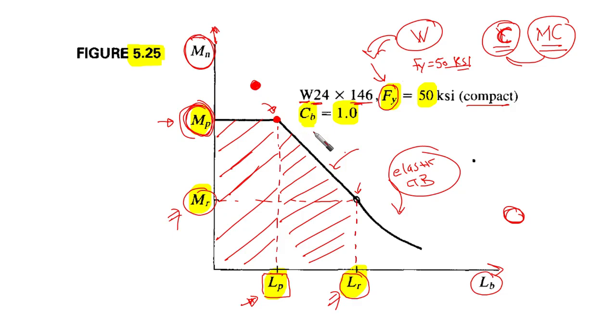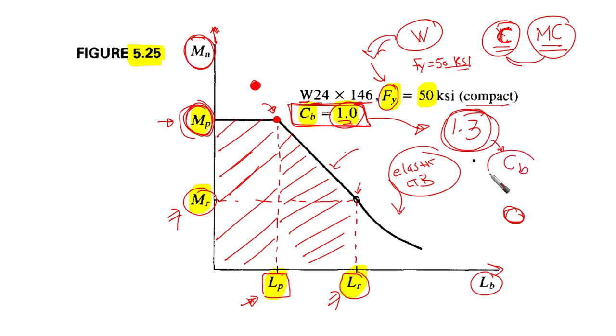One very important thing related to the charts in general, not this particular chart, is that we are dealing with them under the consideration of CB equal to 1. So the charts are considering CB to be 1. So what if you have, for example, a case where CB equal to 1.3? In this case, you need to multiply whatever moment capacity you obtain from the charts by the real value of CB.